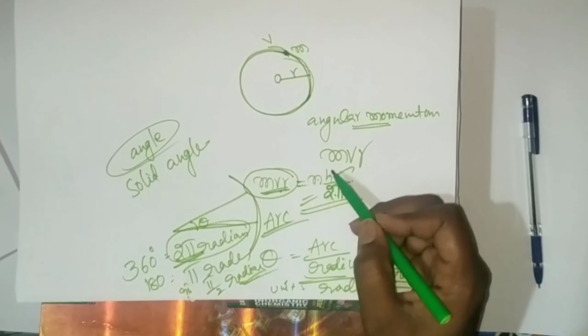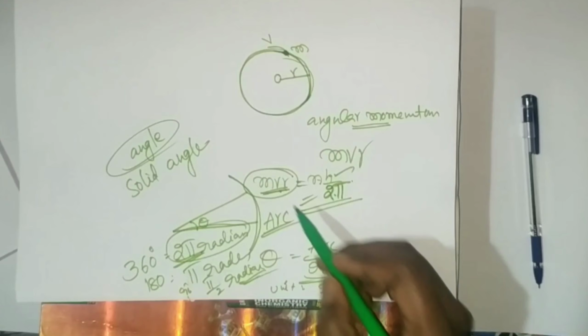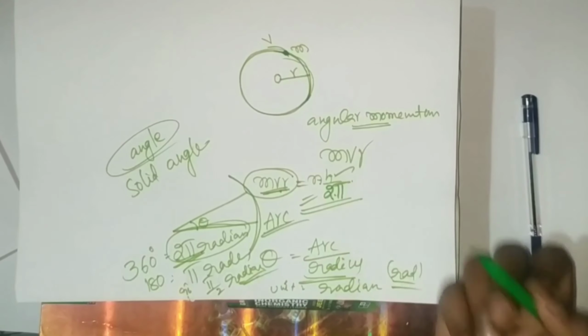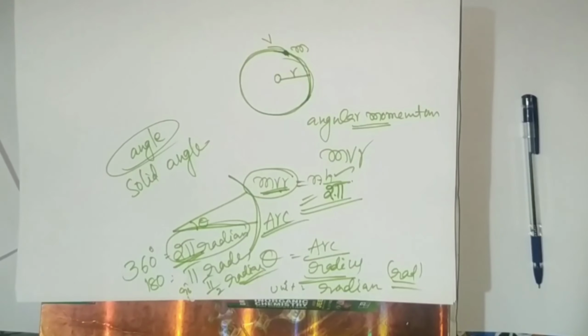For the third shell, 3h upon 2 pi. For the fourth shell, 4h upon 2 pi, like that it will increase. This is the important formula: mvr is equal to nh upon 2 pi. You have to remember this one. Now another postulate.